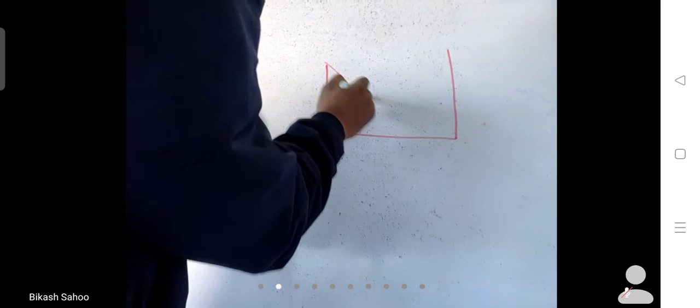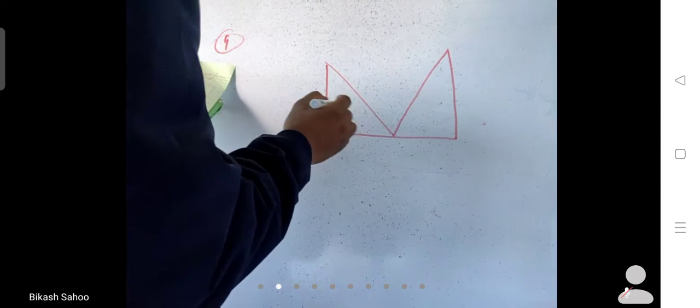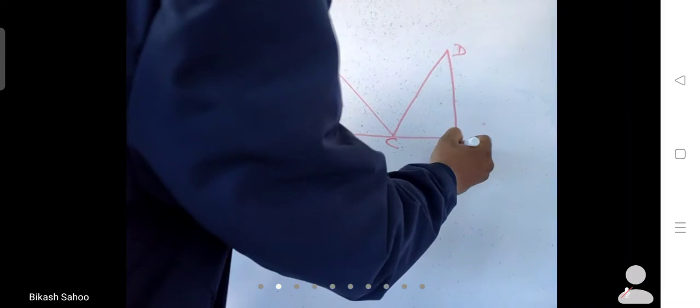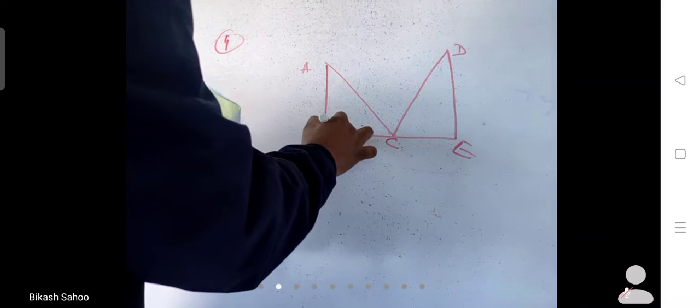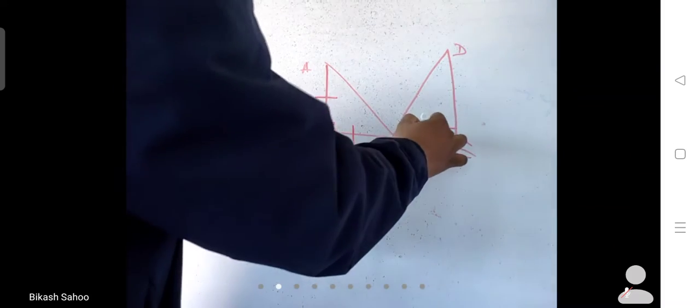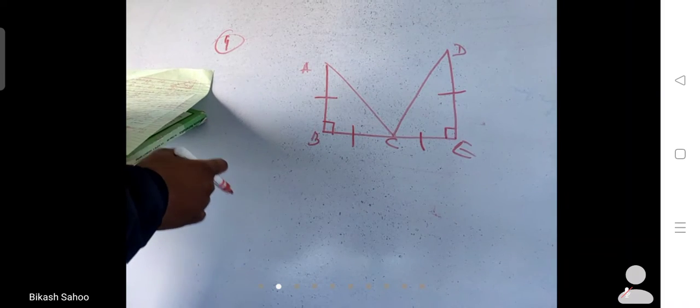Okay, next question you do, that is, see next number 4. Here A, B, C triangle and C, D, E triangle. And it is the right angle at B and E. AB side is equal to BC side, CE side is equal to DE side.